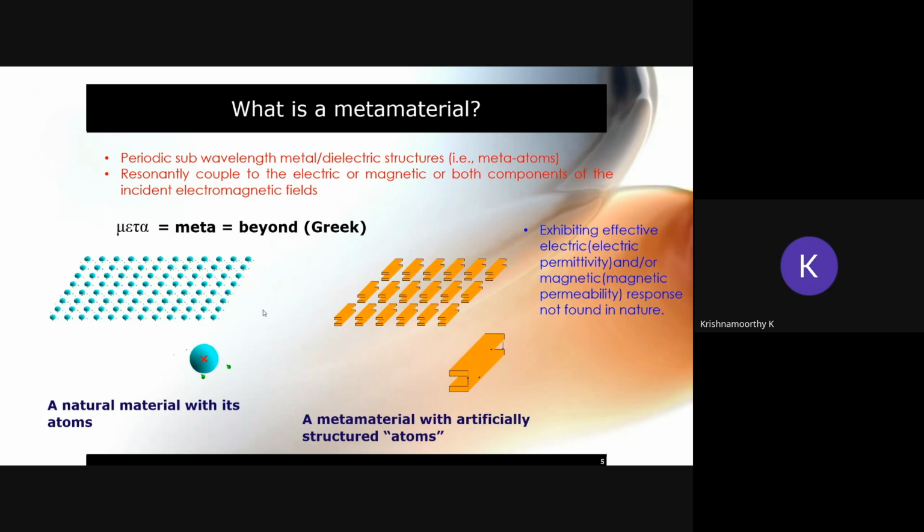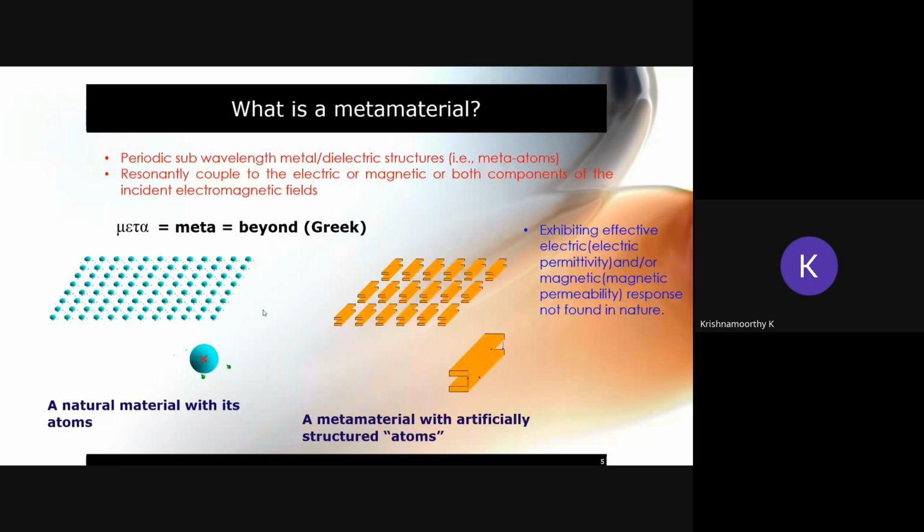So it is a sub-wavelength structure. The dimension of the structure is much smaller than the wavelength of the operating frequency. If you arrange them in a periodic manner, whenever an electromagnetic wave is incident on this structure, it is going to behave as a meta atom.